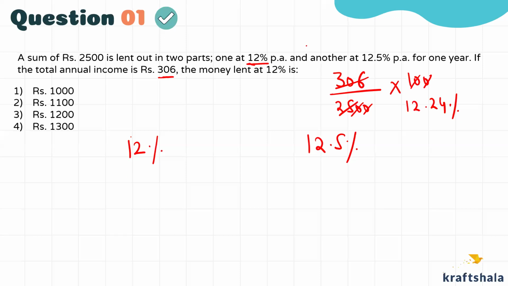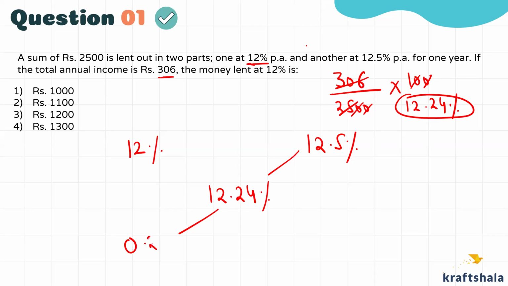In one place I'm getting a profit of 12%, from the other scheme I'm getting a profit of 12.5%, and overall I'm getting an income or a profit of 12.24%. So this is a classical case of mixture. I can subtract as I did, 12.5 minus 12.24 is 0.26 and 12.24 minus 12 is 0.24.